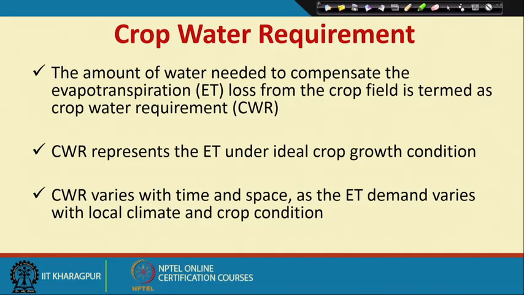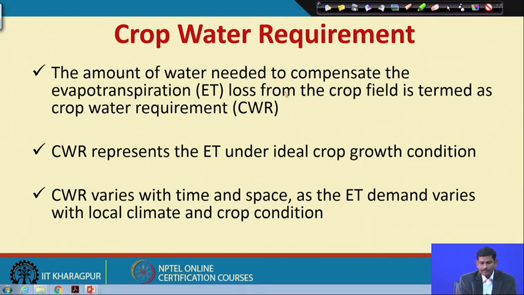For example, in the case of rice, from the day you transplant and give the first irrigation to the last irrigation, that is the crop water requirement. The amount of water exactly needed to compensate the evapotranspiration loss from the crop field is termed as crop water requirement.